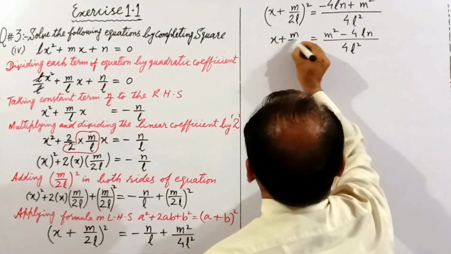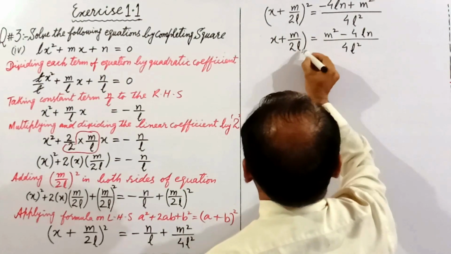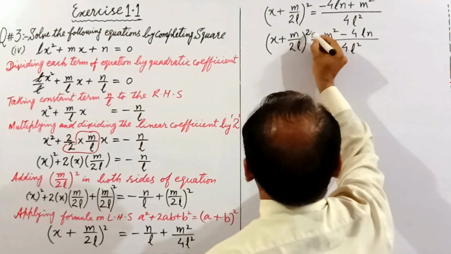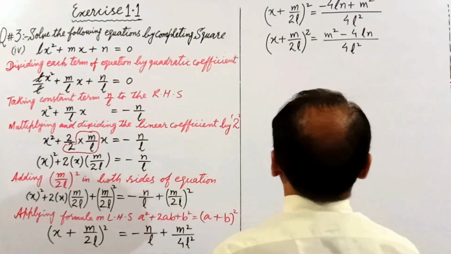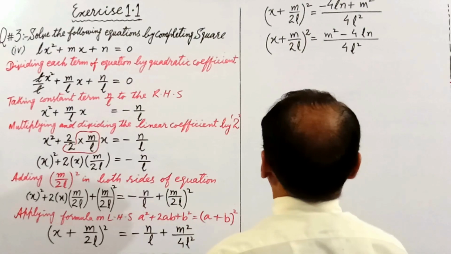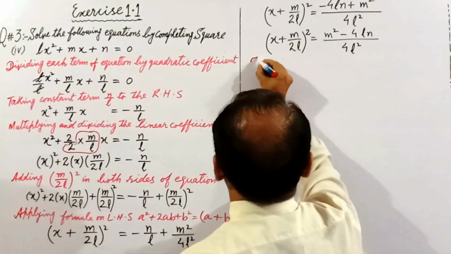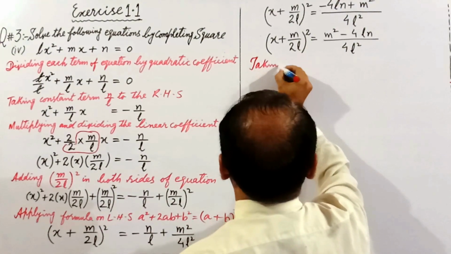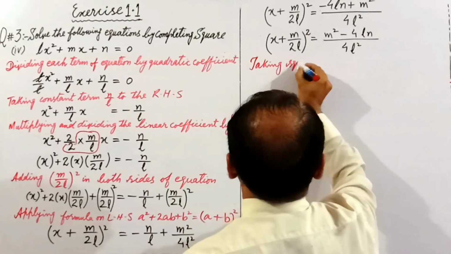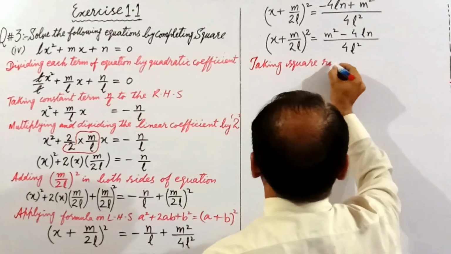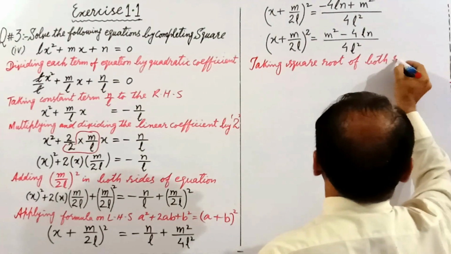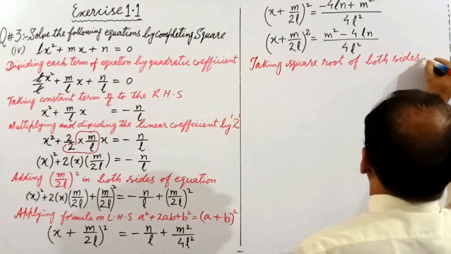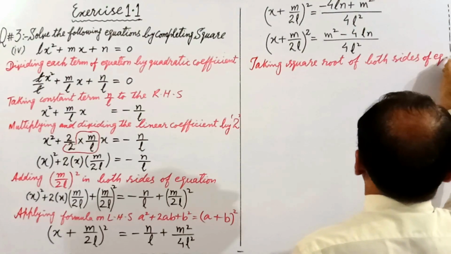As we are required to find the solution set, we have to find the value of x. So to do this, we take the square root of both sides of the equation.